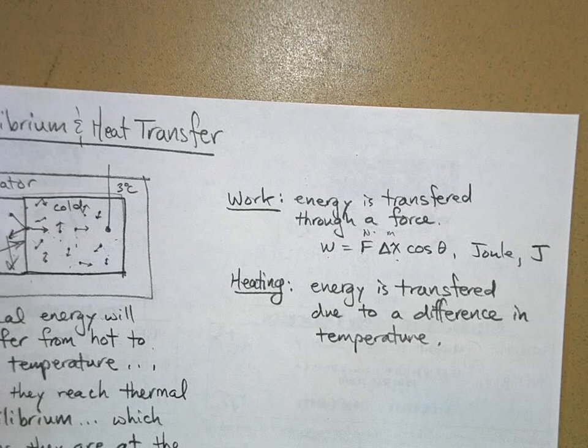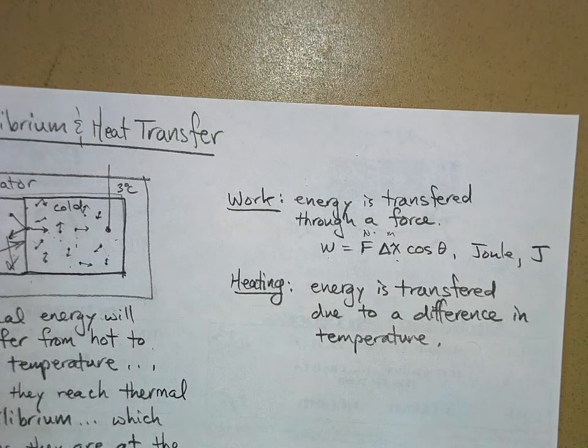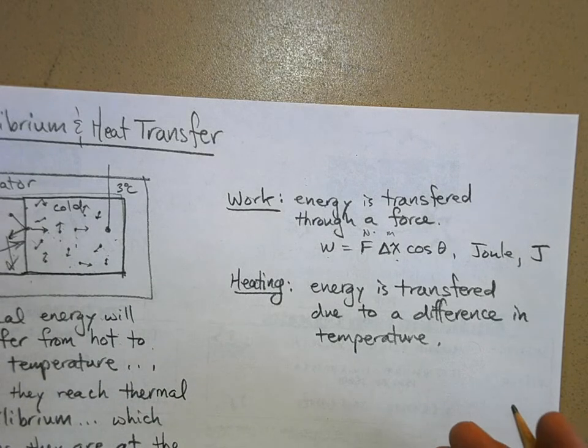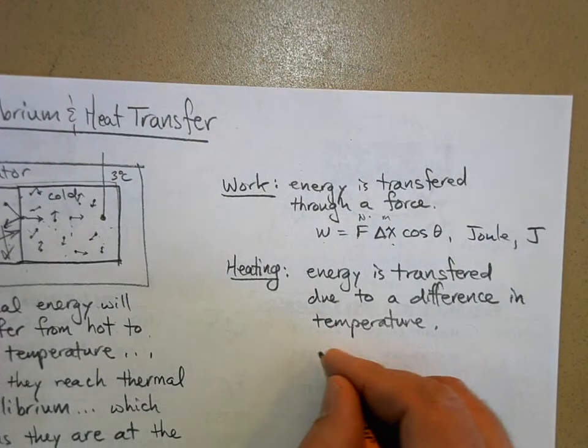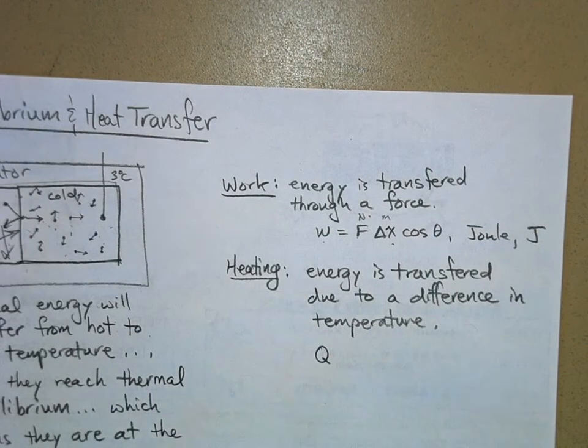Okay. Now we have a symbol to represent heating or thermal energy being transferred. And that is the capital letter Q. And you might remember this from chemistry, right? You did this in chemistry, I believe.